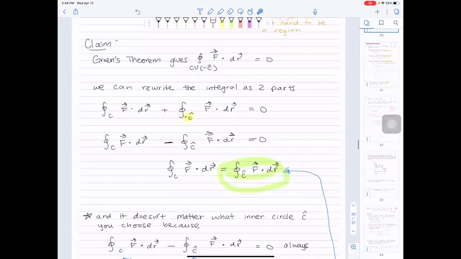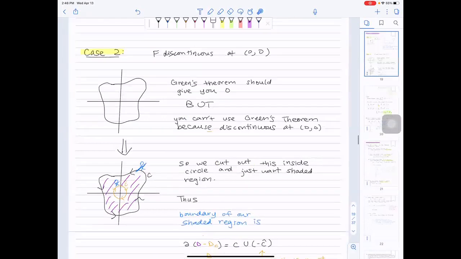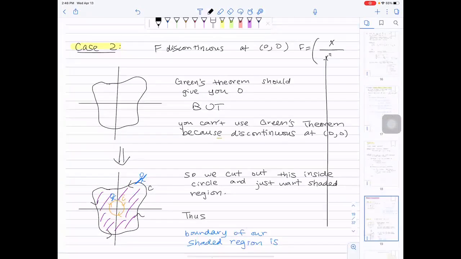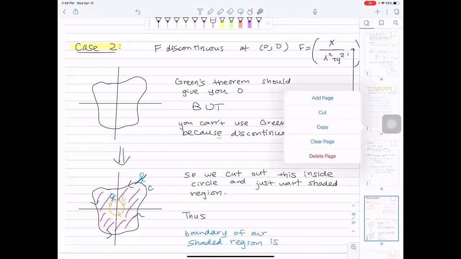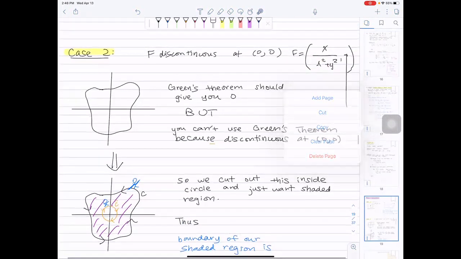I'm making a hole because my function, say it's x over x squared plus y squared, and whatever second term. When you do Green's theorem, or even if you do the parameterization method, we plug our parameterization into this function.